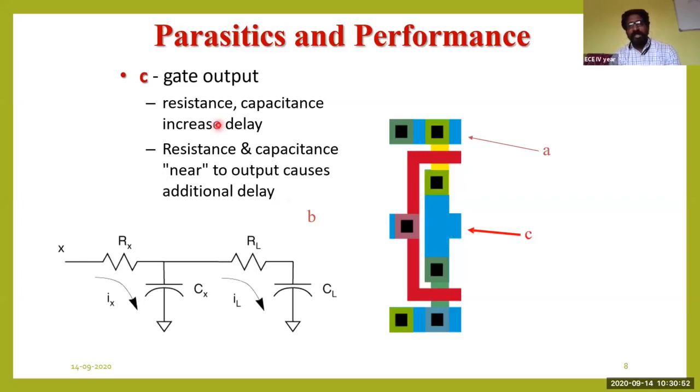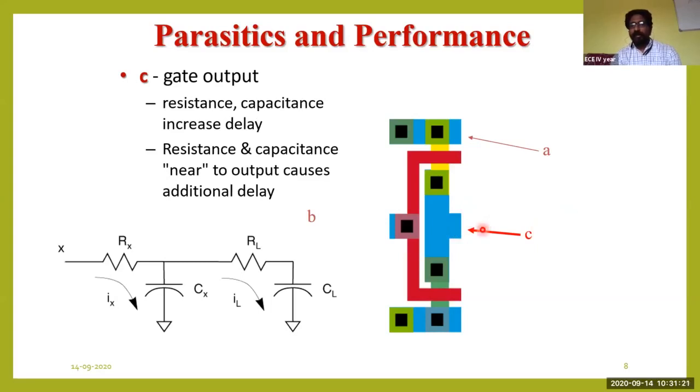The resistance and capacitance will increase the delay, and this is a major and most important point, where you should have minimum resistance and minimum capacitance. Since CMOS has a lower capability to drive large capacitive loads, the technology has switched to BiCMOS, where you use a BJT to drive large capacitive loads wherever the design requires large capacitances.